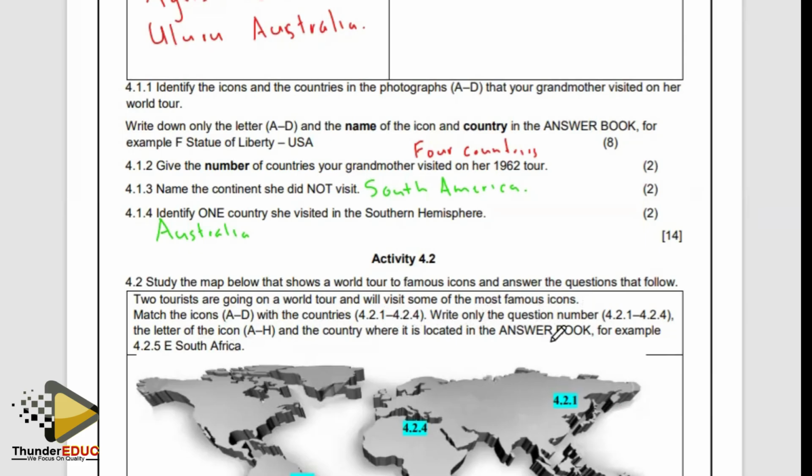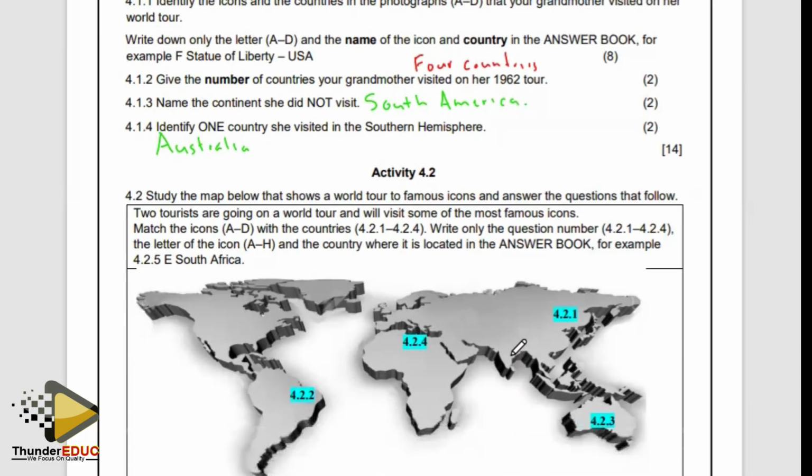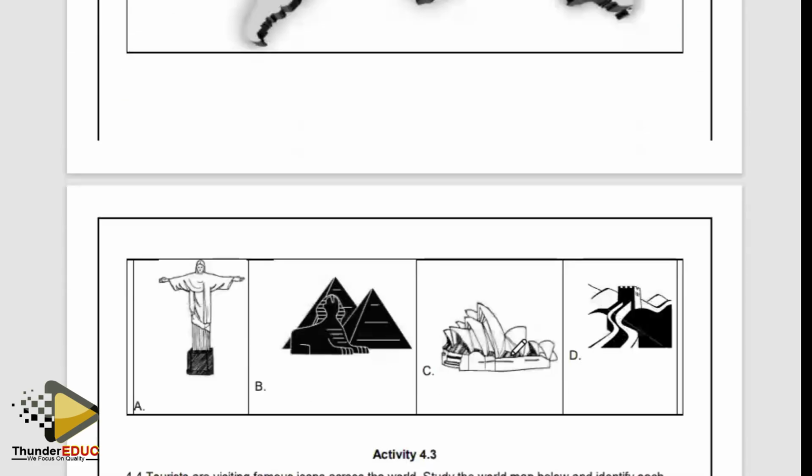Write only the question number 4.2.1 and the letter of the icon A to H and the country where it is located in the answer book. For example, 4.2.5E, South Africa. So the question requires us to match the icons A to D with the countries.